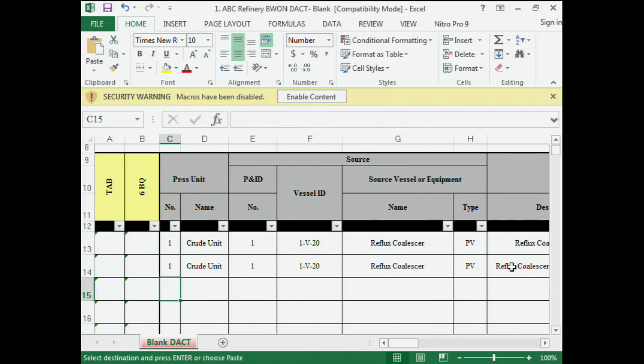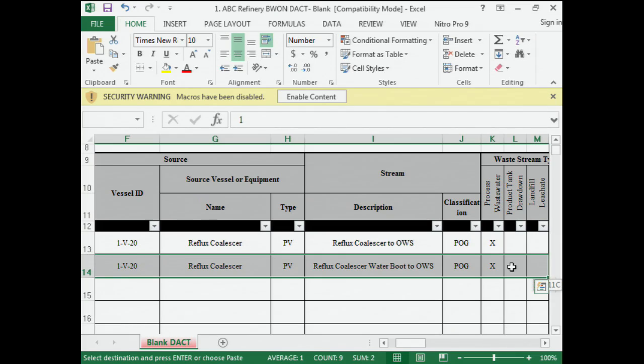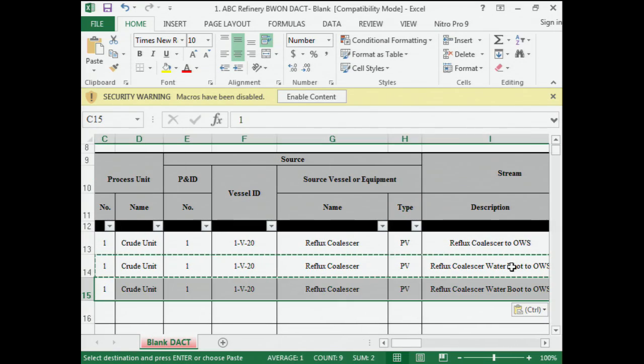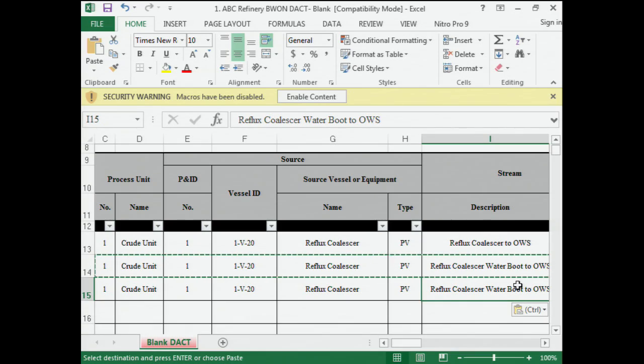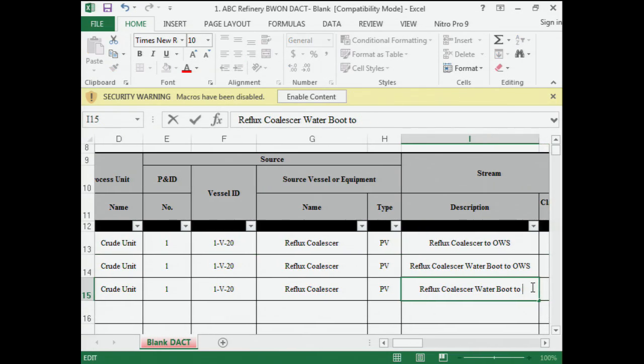And then finally, for the last stream from that vessel, I have reflux coalescer water boot 2 instead of the oily water sewer. It's going to the, where did we say that was going? To the sour water stripper system? Or I'll just put sour water stripper.